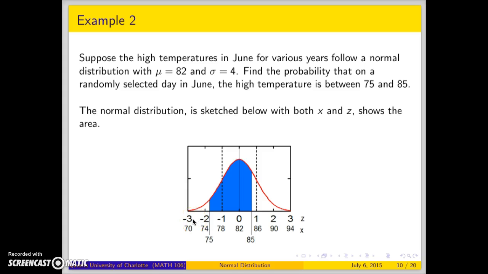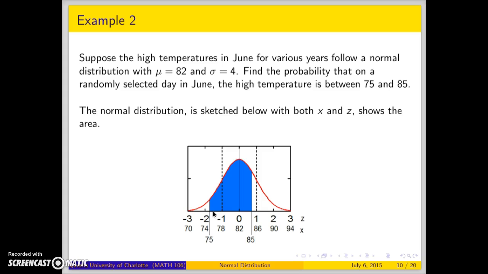We sketched the area between 75 and 85, and we should be able to see just by looking at this graph that 75 looks like it's pretty close to a z of maybe negative 1.75, because it's between negative 1 and negative 2. It's over the half mark, so it could be negative 1.75.